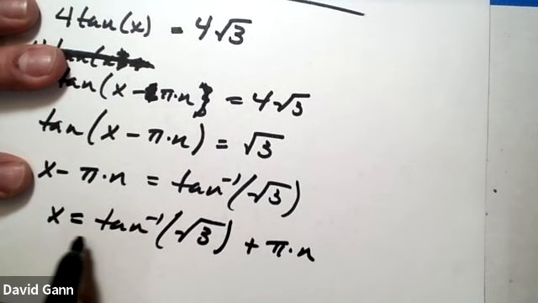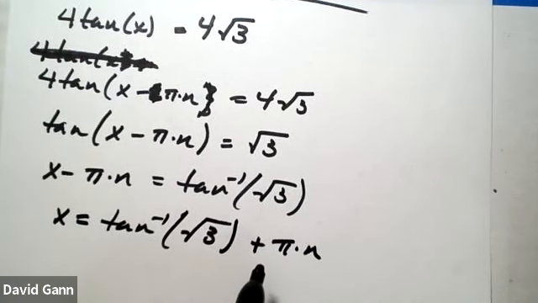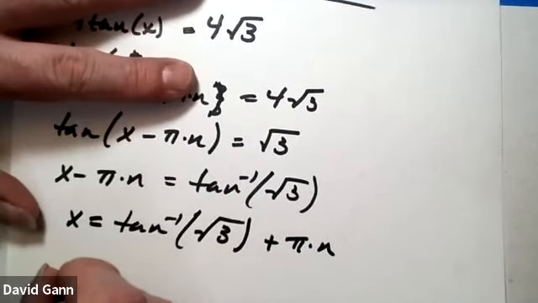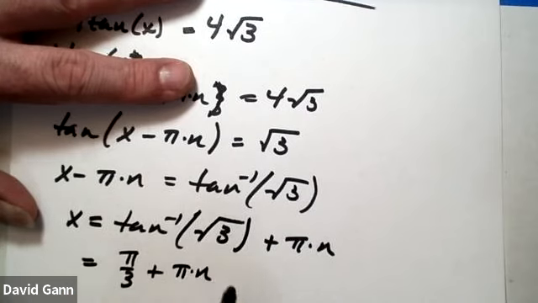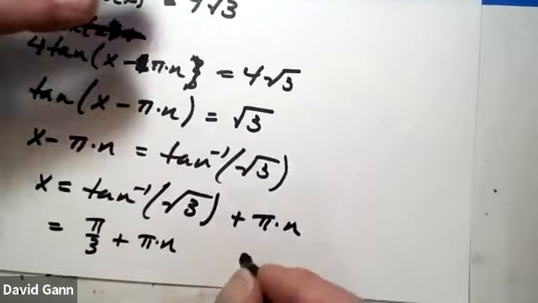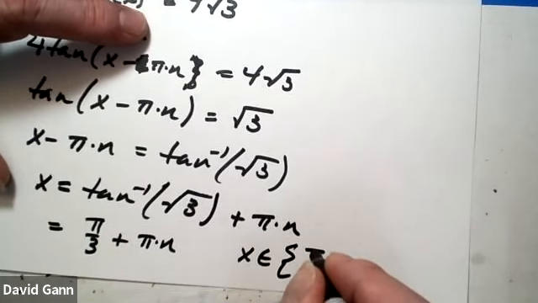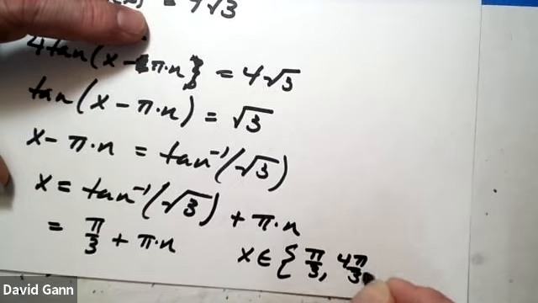And that will take care of all solutions, both the principal root and its coterminal angles, as well as the alternate root and its coterminal angles. So this becomes pi over 3, I think, plus pi times n. Now for the values that are inside the appropriate range, x will be a member of the set that contains pi over 3 and also 4 pi over 3.